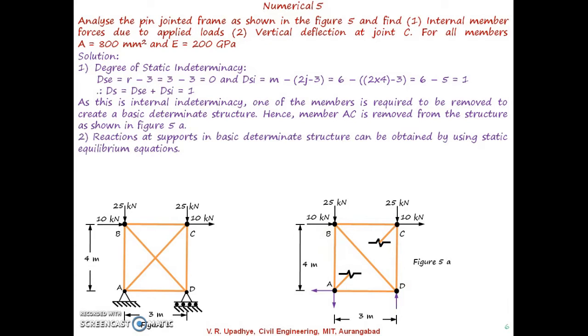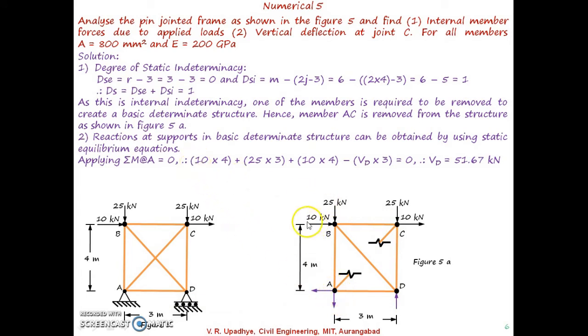Reactions at supports in the basic determinate structure can be obtained by using static equilibrium equations that you are aware of. So if that member AC is removed and the externally applied forces are as they are, you need to calculate reactions at the supports. If we apply summation of moments about A equal to 0, the summation of moments of all the forces about this joint is equal to 0.